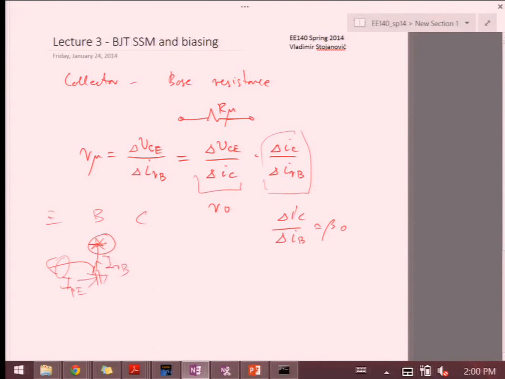And this one was much bigger than this one. So the sum of them is the base current, but here I'm looking at the ratio of collector current to a smaller component, so this one is bigger than this one, right? And so in reality, this is approximately 10 beta 0, something like that in NPN.